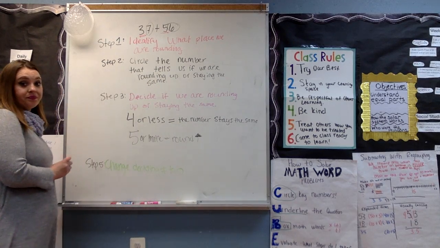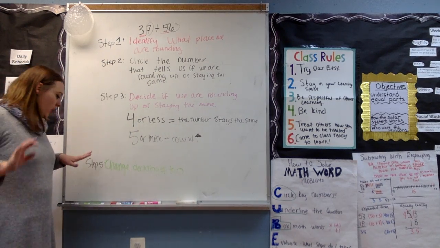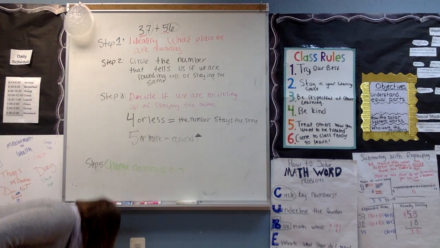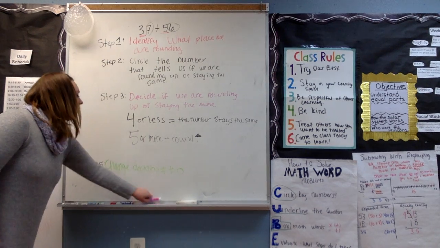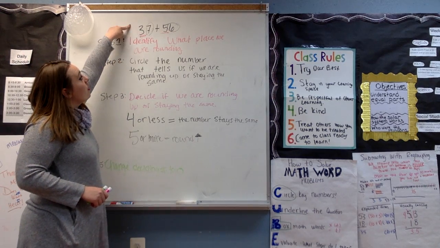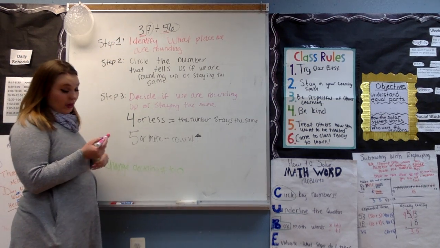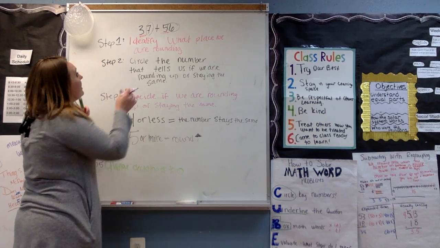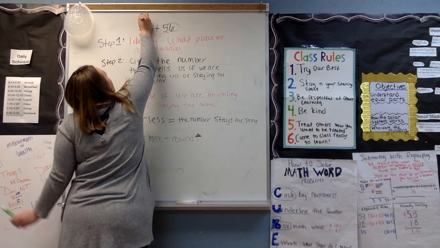All right. So we're going to go back up here. Pink and green here. So we're going to round 3 up to 4, and we're going to change that deciding digit to 0. So 40.